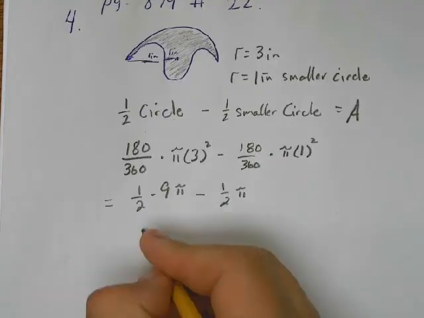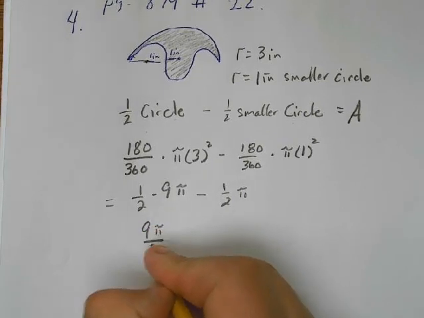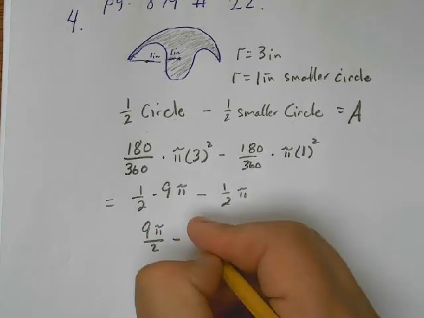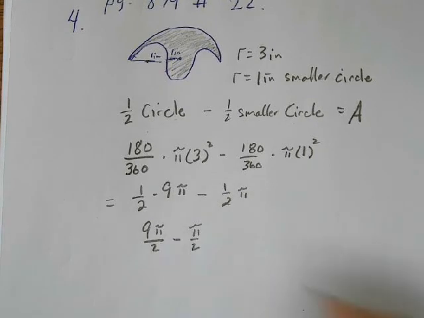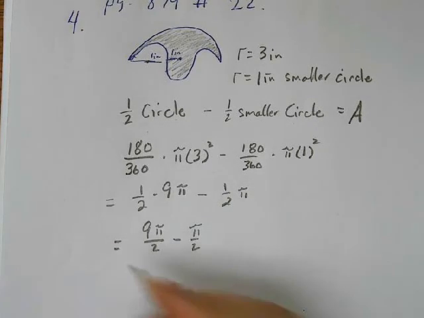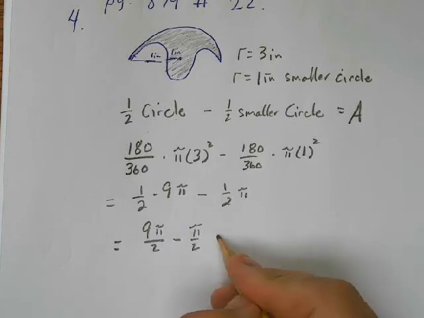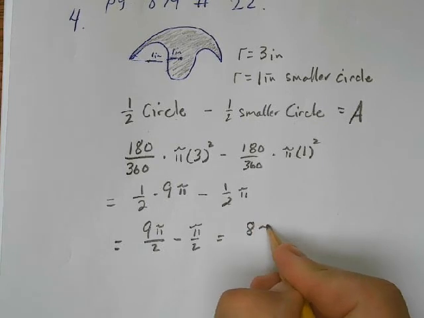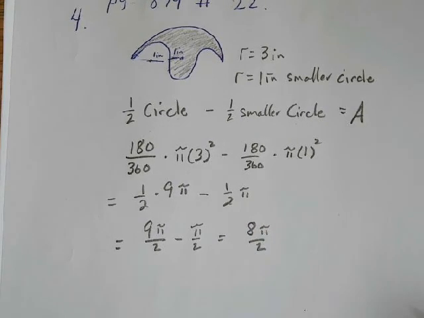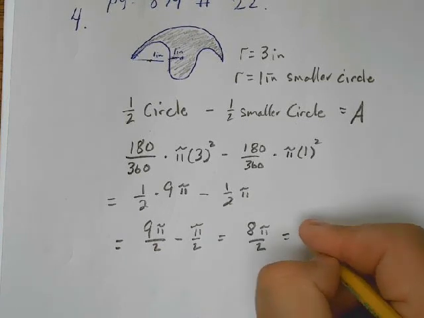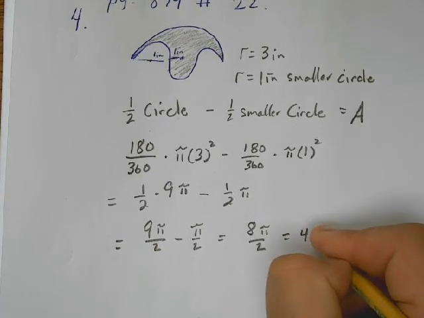So we have 9 pi over 2 minus pi over 2. Well, these are like terms. So 9 minus 1 is 8 pi over 2. That's how I deal with fractions. Just subtract across. So I end up with 4 pi.